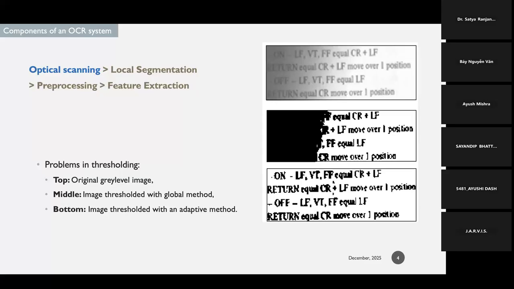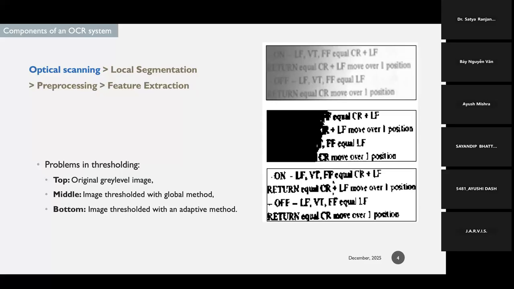Hence, when performing OCR, it is common practice to convert the multi-level image into a bi-level image of black and white. We don't use any other color. We just use black and white for easier reading. Often this process, known as thresholding, is performed on the scanner to save memory space and computational effort.